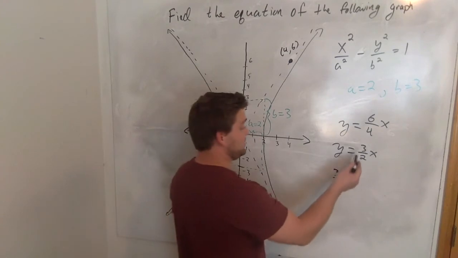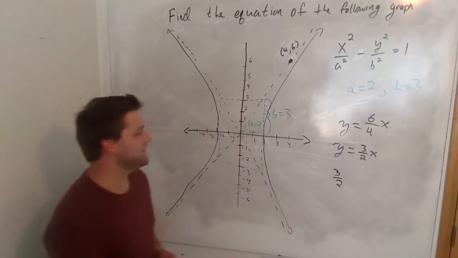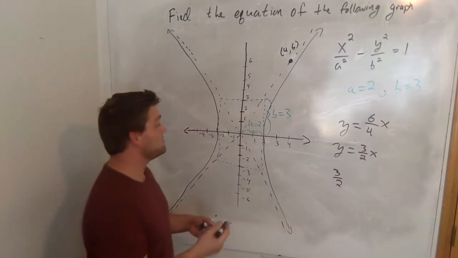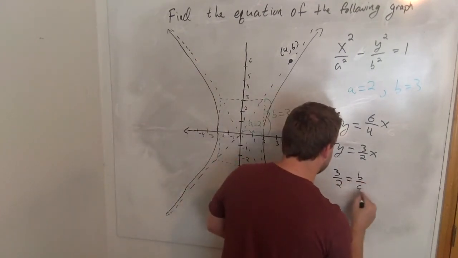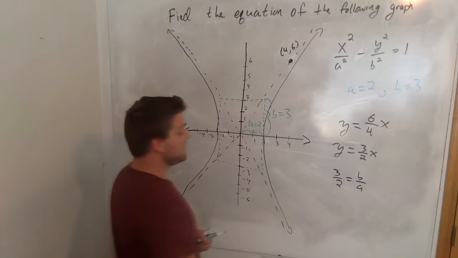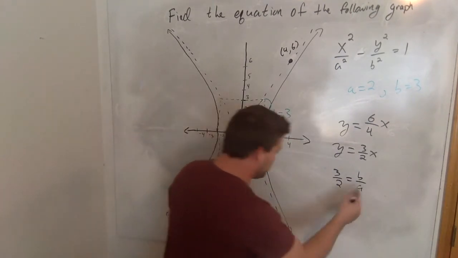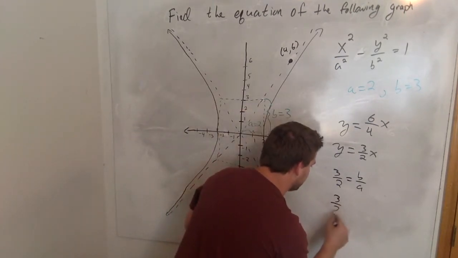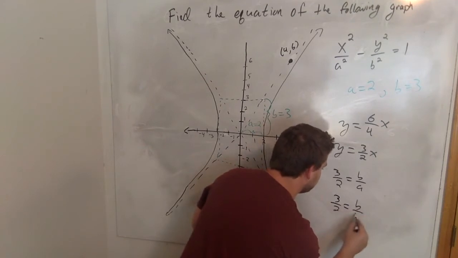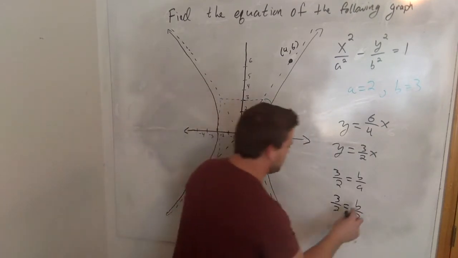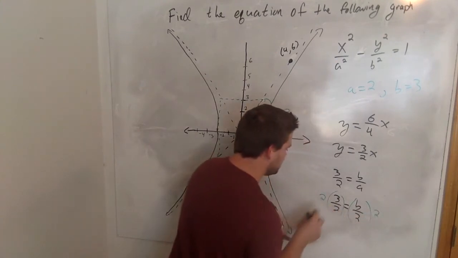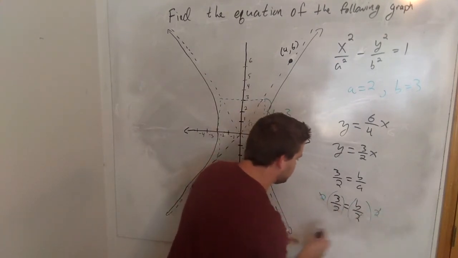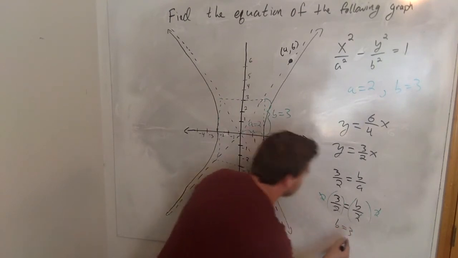Remember that the slope of the slant asymptotes in this case would be b over a. So this would be equal to b over a. In this case, we knew that a was 2, so we could fill that in. So we'd have 3 over 2 equal to b over 2. You could multiply both sides by 2 and get that b would be equal to 3.